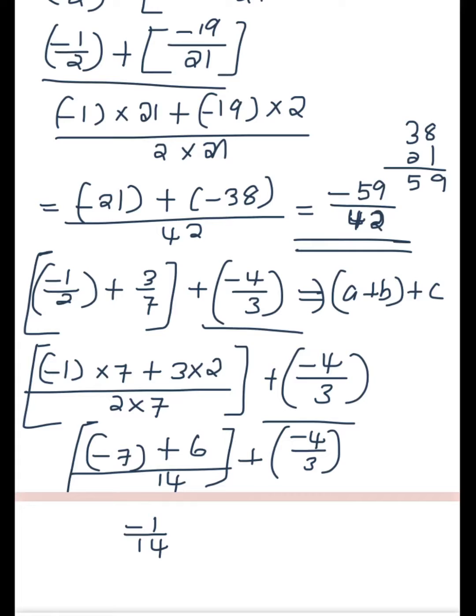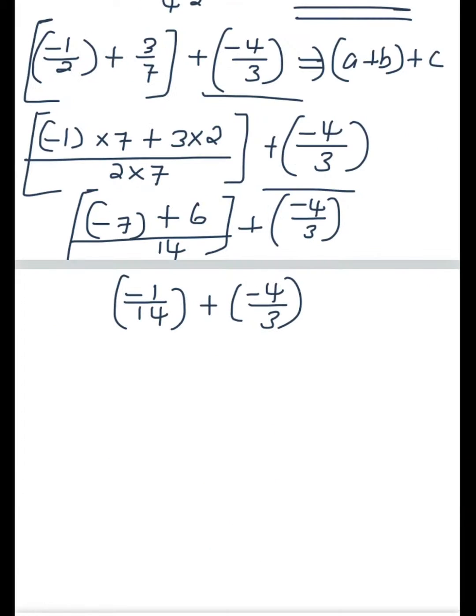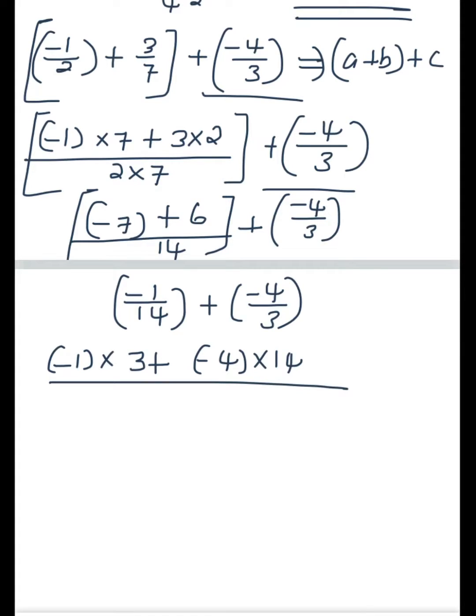So minus 1 by 14 plus minus 4 by 3. Cross multiplying will give minus 1 into 3 plus minus 4 into 14, divided by 14 into 3.